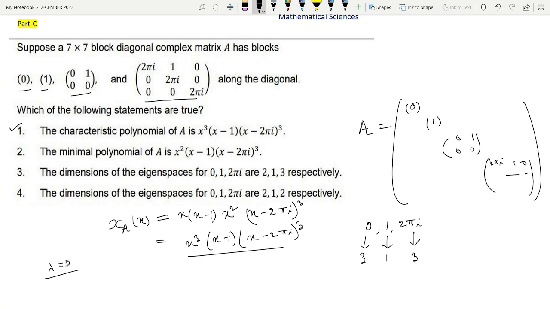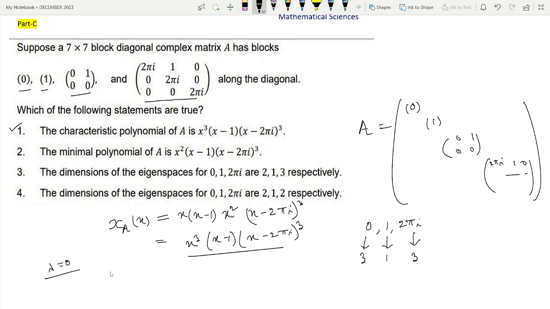We know that when lambda is an eigenvalue of A, the size of the largest block corresponding to this eigenvalue lambda is equal to the multiplicity of the root in the minimal polynomial.